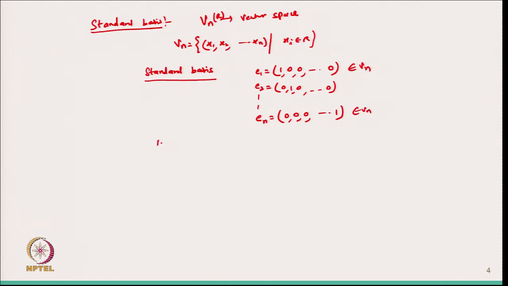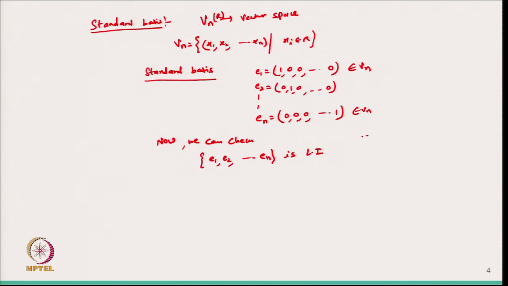Now, how are they the standard basis? We can check the set E1, E2 up to En. This set is LI. Why is it LI?